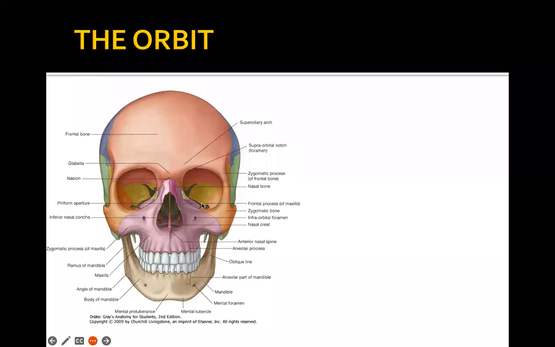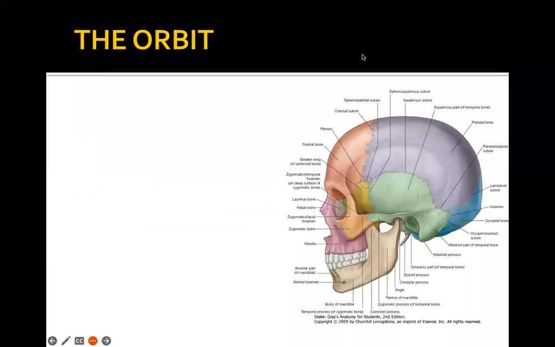So the clue is that if superior ophthalmic vein passes through superior orbital fissure, then inferior ophthalmic vein will pass through what? Your guess will be as good as mine. So that is a straightforward answer. We will not even waste time on that.